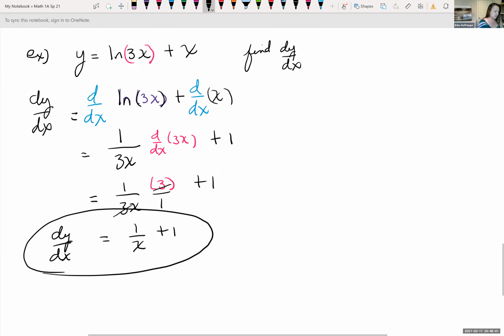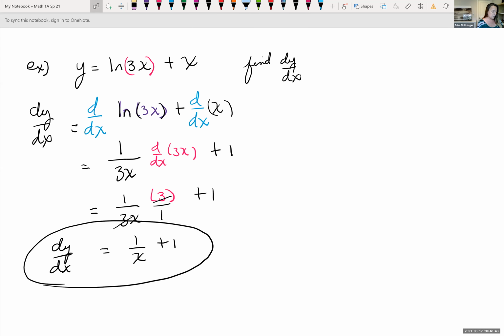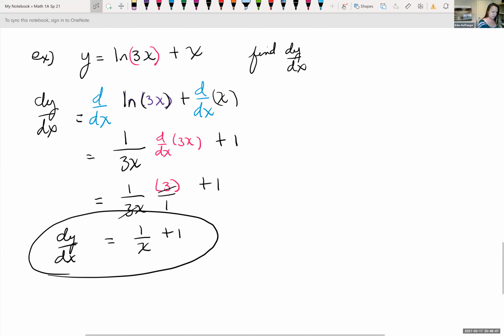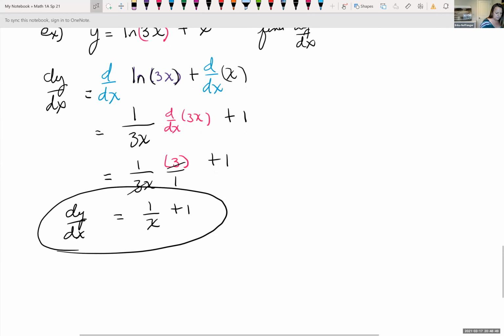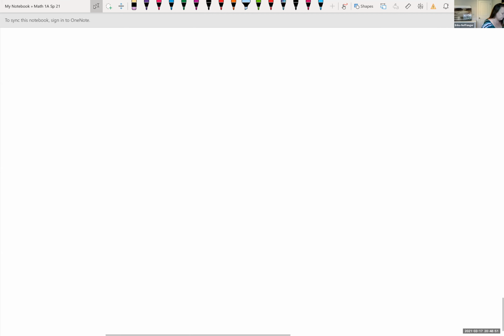Okay. So using rules of exponents can be really, really helpful. So look at this example next. Rules of logs are helpful.